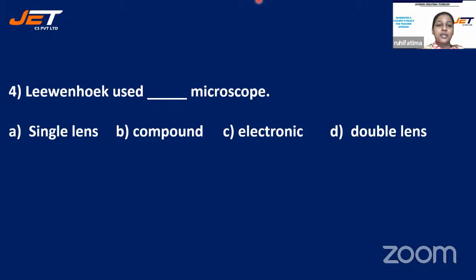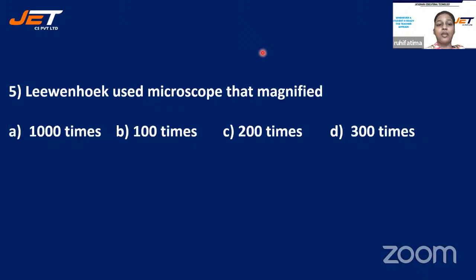Okay, students, as I can see, many have answered single lens and you all are very much correct. Single lens is the right answer. Leeuwenhoek used a single lens microscope because after that compound microscope and electron microscope were discovered.